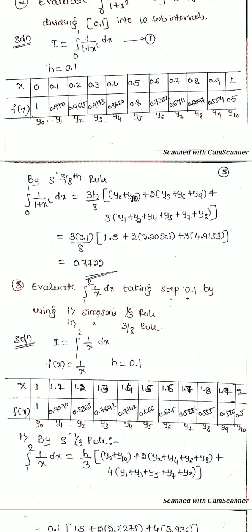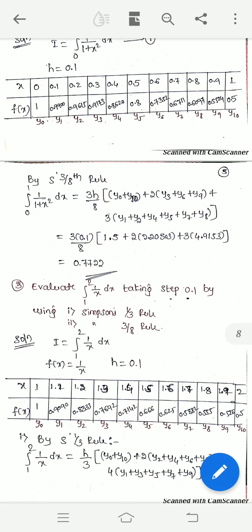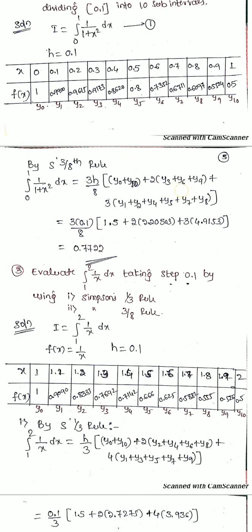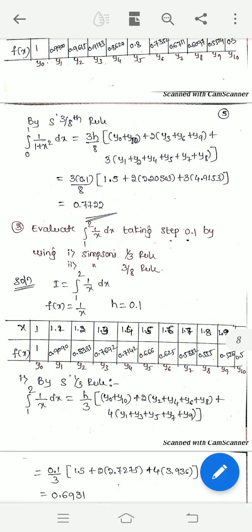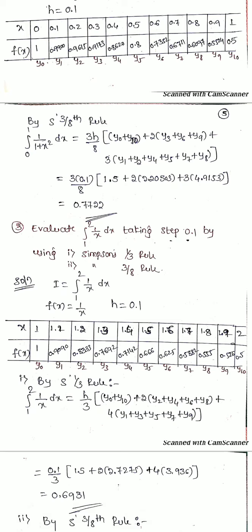Here yn is y10 for 10 intervals, so y naught plus y10, plus 2 into the difference of 3 terms, y3 plus y6 plus y9, plus 3 into the remaining terms: y1 plus y2 plus y4 plus y5 plus y7 plus y8.